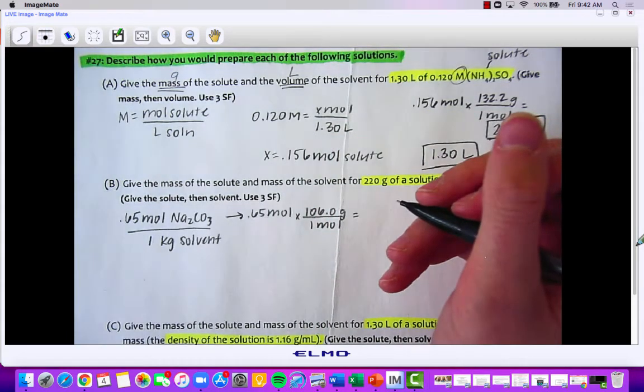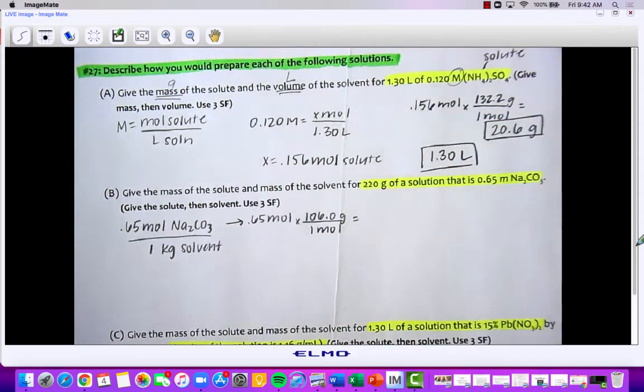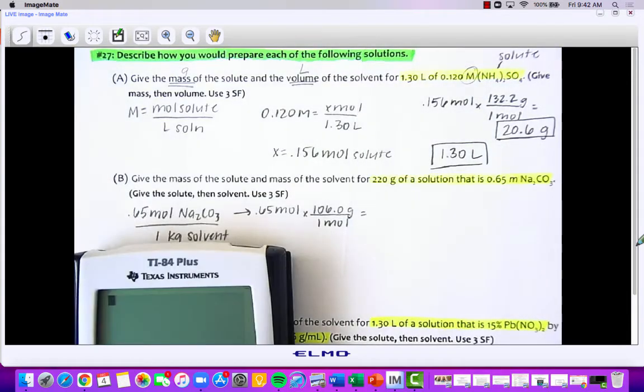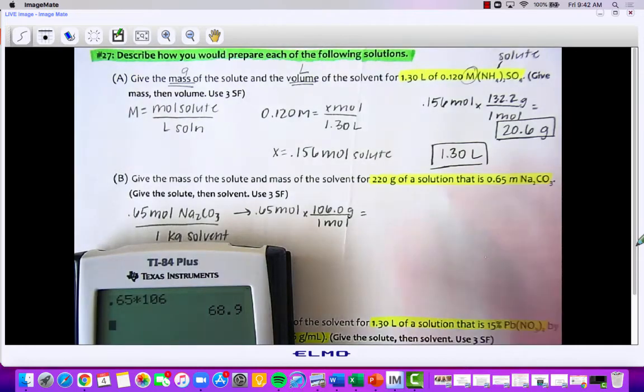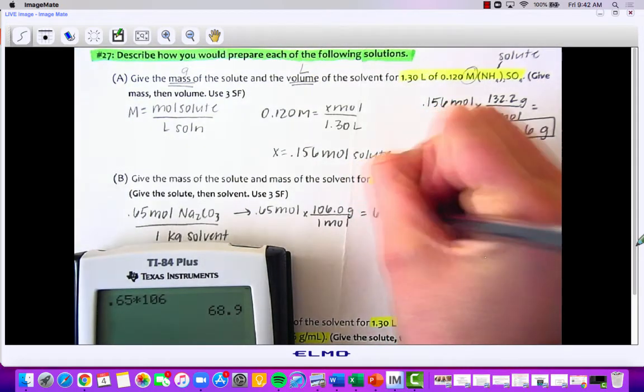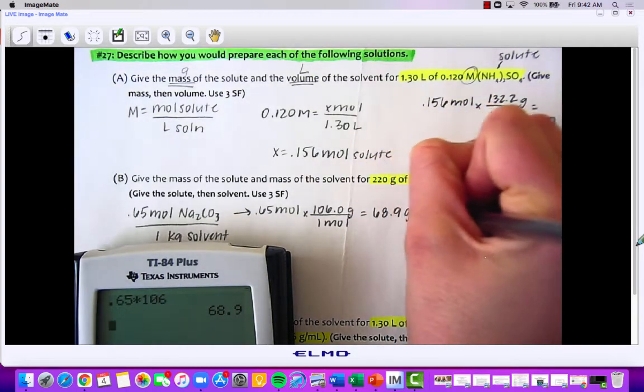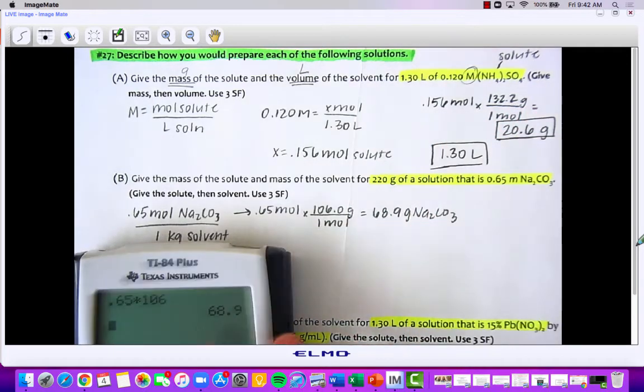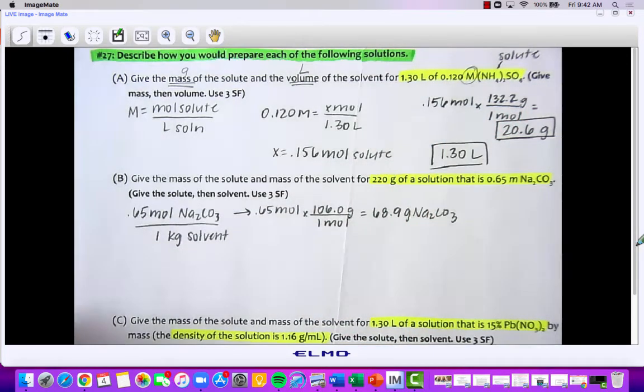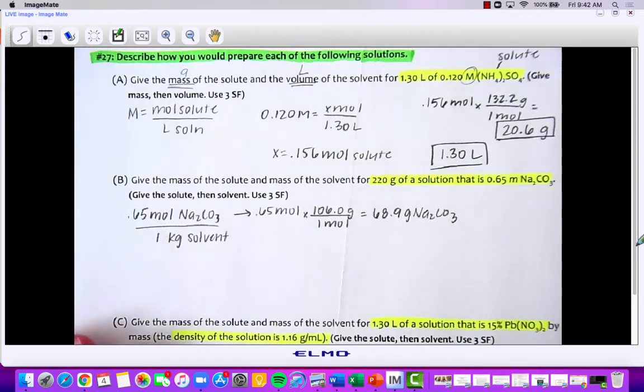And so if I take my calculator, 0.65 times 106 gives us 68.9 grams of Na2CO3. So I have 68.9 grams of Na2CO3.